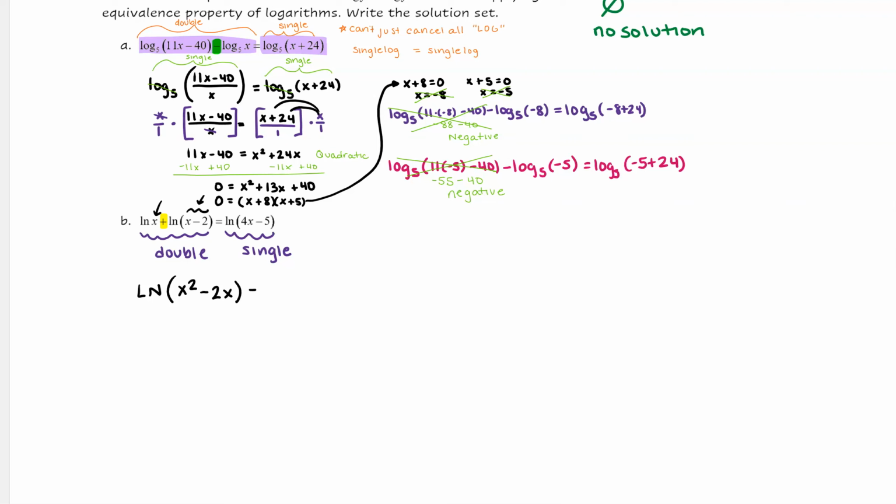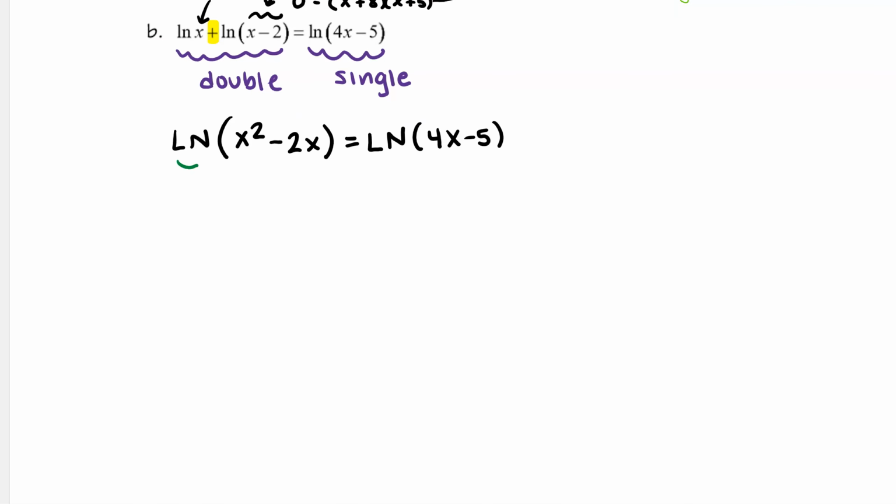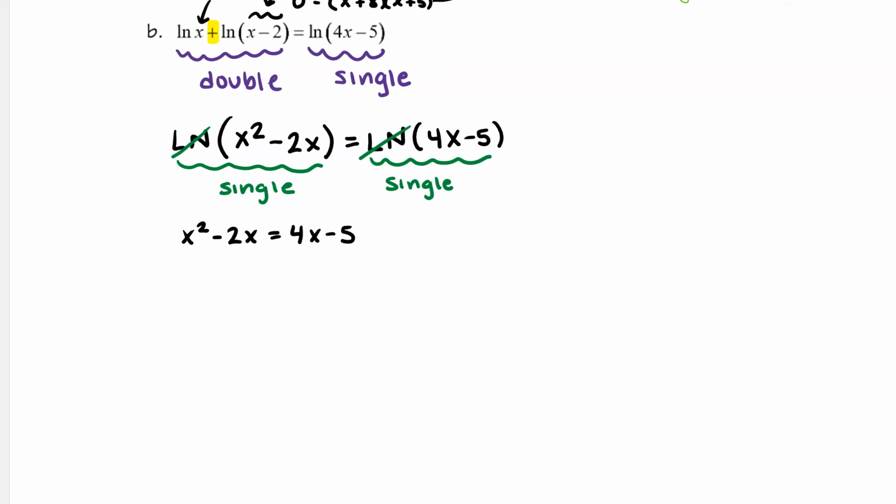And that's going to equal natural log of 4x minus 5. And now, like a miracle, I've got a single log on one side equals a single log on the other. And since it's single log equals single log, now we can drop the ln, or the natural log in this case. And I have x squared minus 2x equals 4x minus 5.